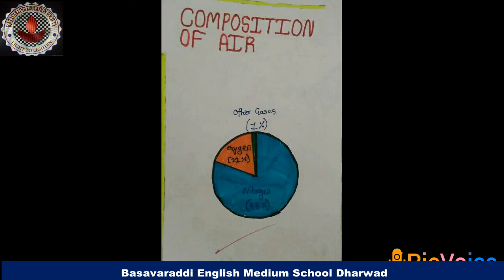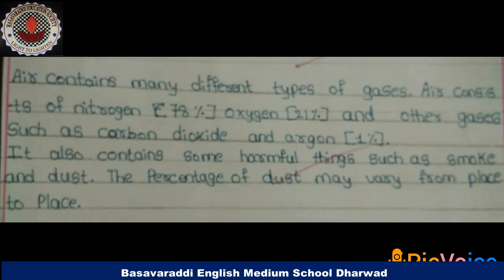Next question is composition of air. Let's draw a neat diagram of the composition of air. Air contains many different types of gases. Air consists of nitrogen 78%, oxygen 21%, and other gases such as carbon dioxide and argon 1%.